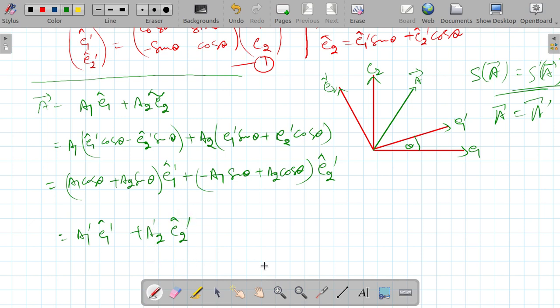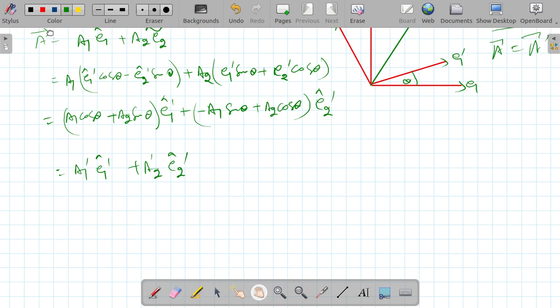Thus A1 prime is equal to A1 cos theta plus A2 sin theta, and A2 prime is equal to minus A1 sin theta plus A2 cos theta.